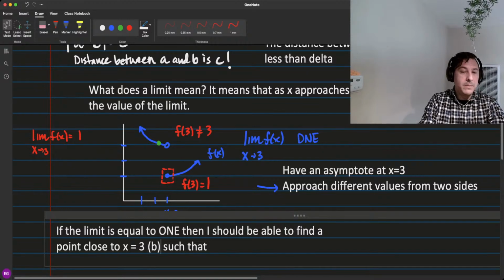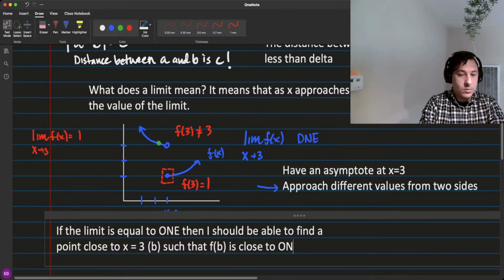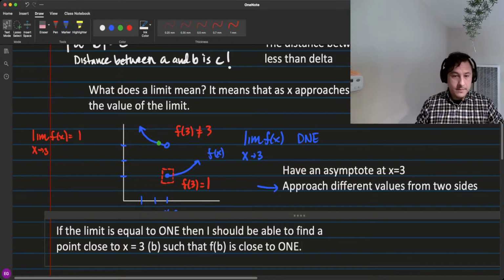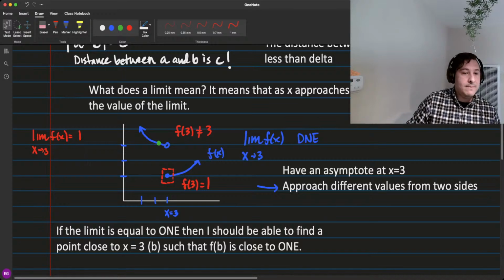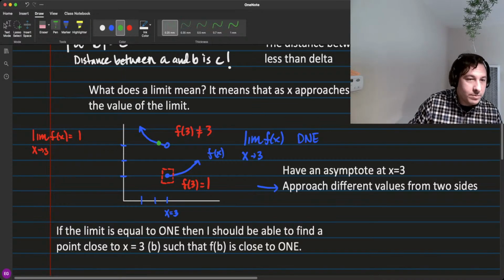So b is some number close to 3 such that f of b is close to 1. So this little blue point, that's my b.